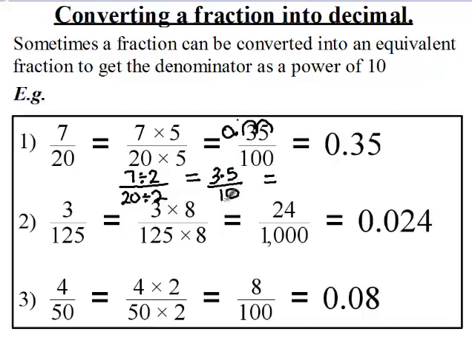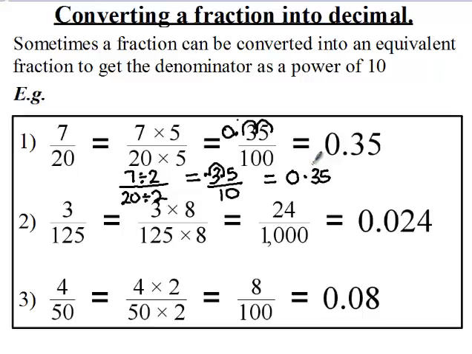So 3.5 out of 10 to one decimal place. You move it once since we have 1 zero to the back, 1. We bring our point here, then it becomes 0.35. So either way, all we want to do is to get the denominator as a power of 10.